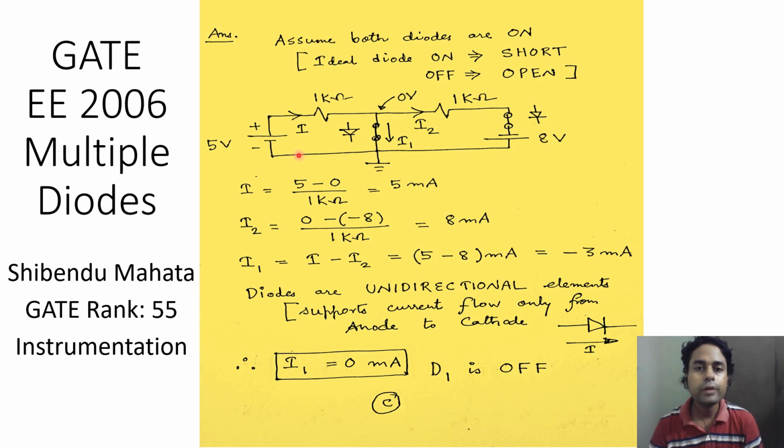The current through diode D2 will be (5 minus minus 8) divided by (1 kilo ohm plus 1 kilo ohm), which is equal to 6.5 milliampere. So diode D2 is conducting a current of 6.5 milliampere, whereas diode D1, because this is an open circuit, will not conduct any current, and therefore the current through diode D1 is equal to 0 milliampere.